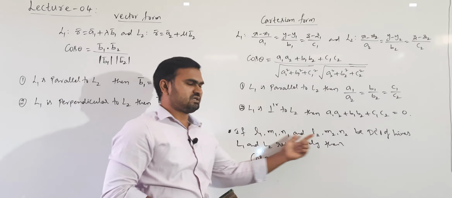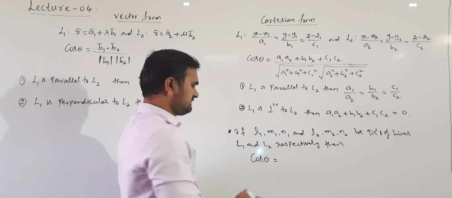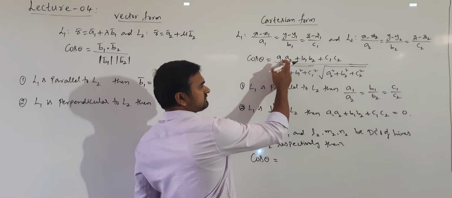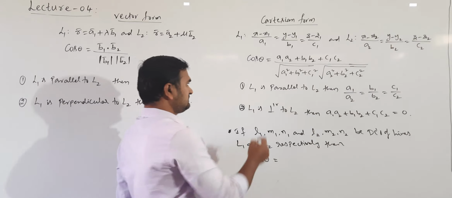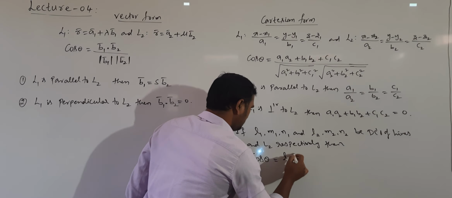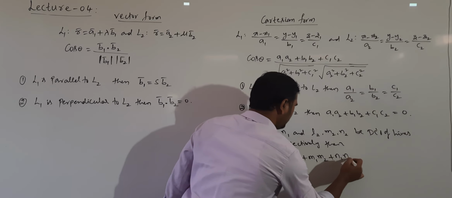If DCs are given instead of DRs, we can write the angle between the two lines again using the same formula. Instead of writing DRs, we have to write DCs. So cos theta will be L1 L2 plus M1 M2 plus N1 N2.